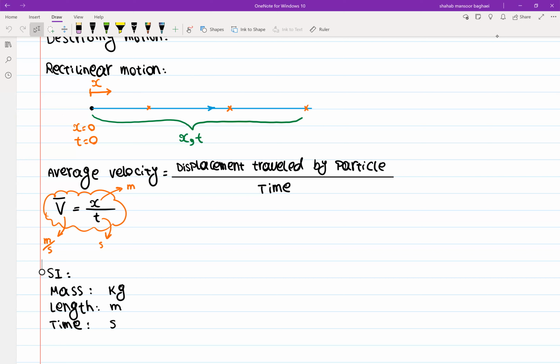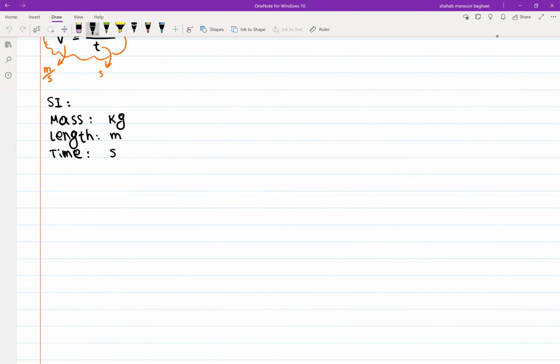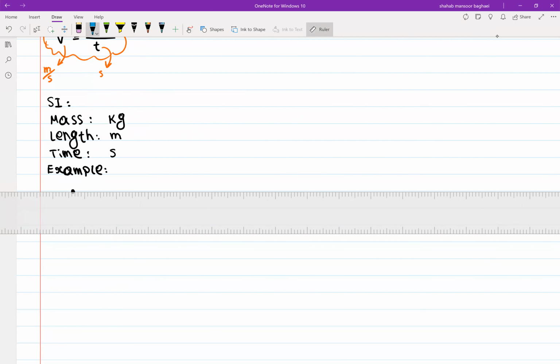Okay, let me give you some examples regarding average velocity. Example: imagine there is a particle which has rectilinear motion. It is going to the right, like this.